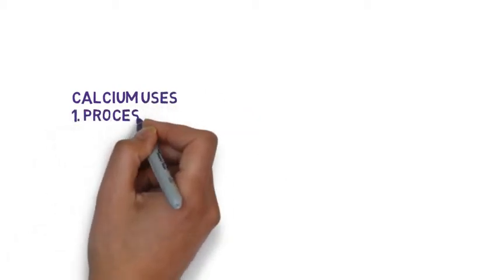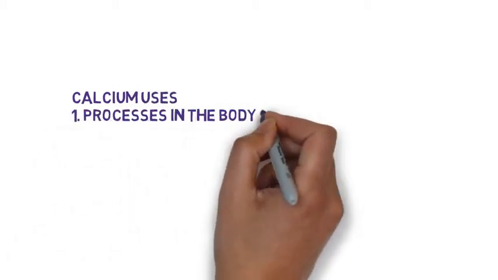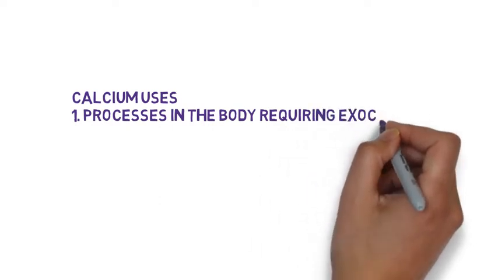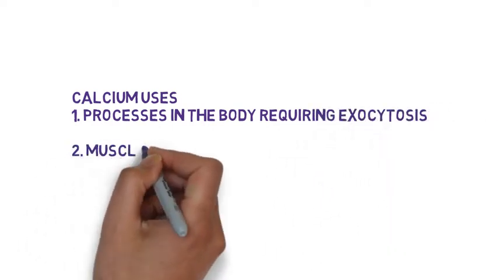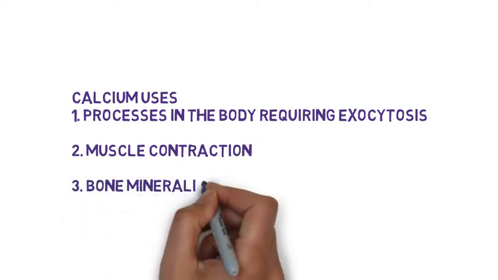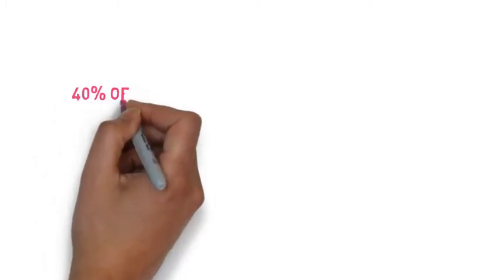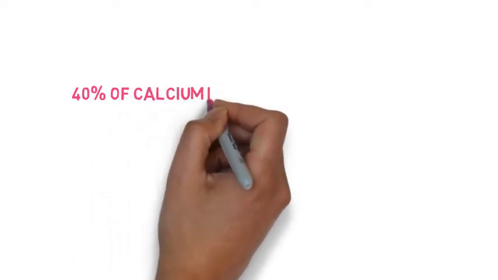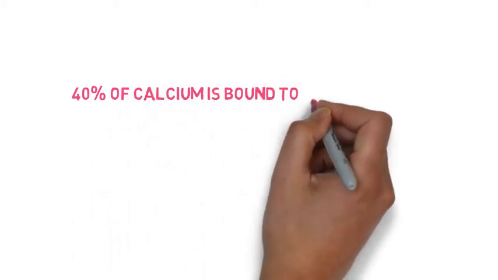And calcium has a variety of functions in the body. It is used for muscle contraction, bone mineralization with phosphate, and any process in the body requiring exocytosis. How is calcium in the blood?